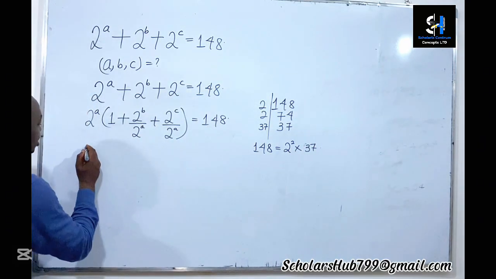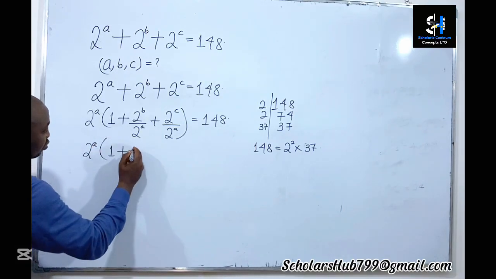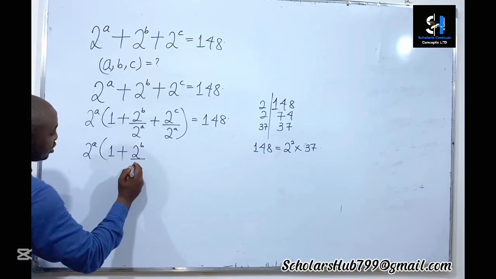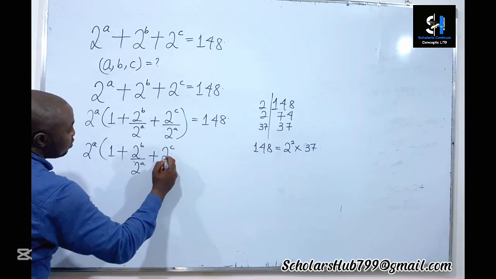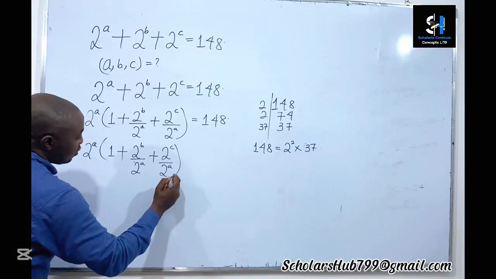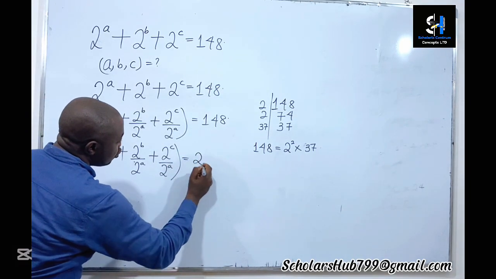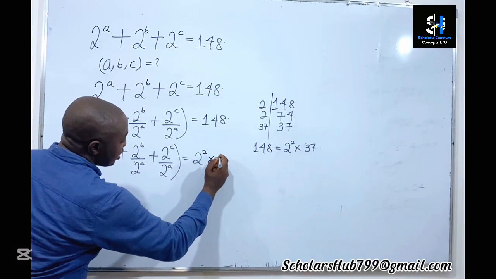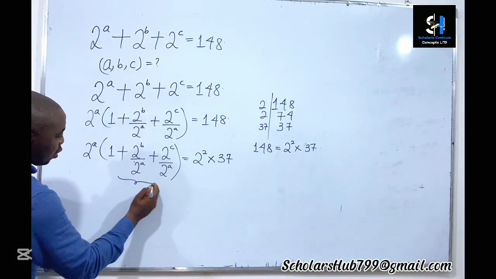So in this case, we're going to have 2 to the power of a, open parenthesis, 1 plus 2 to the power of b over 2 to the power of a plus 2 to the power of c over 2 to the power of a, equals 2 raised to the power of 2 times 37. So this will be odd.